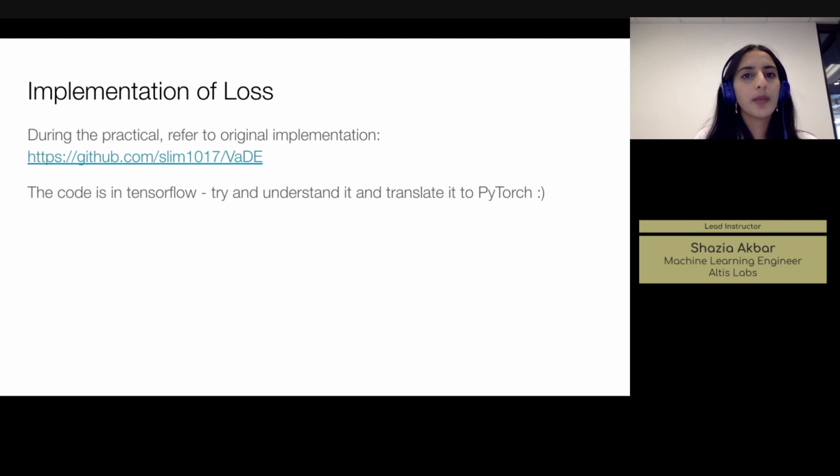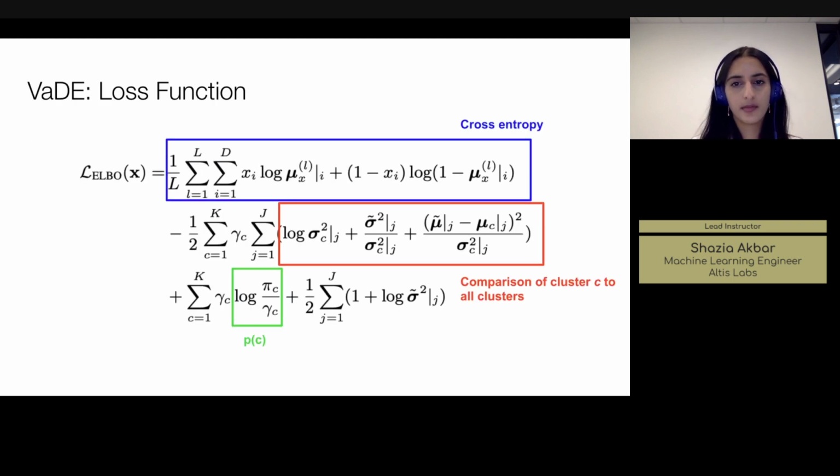Now, the implementation. Sorry. Go ahead. Excuse me, I have a question here. I just want to check with the clusters that you say, and I think it's clearer a couple of slides back. It sounds like there's a correspondence with the Gaussians that are in the normal variational autoencoder in the latent space, that there's a direct correspondence between those and the Gaussians for each individual cluster.